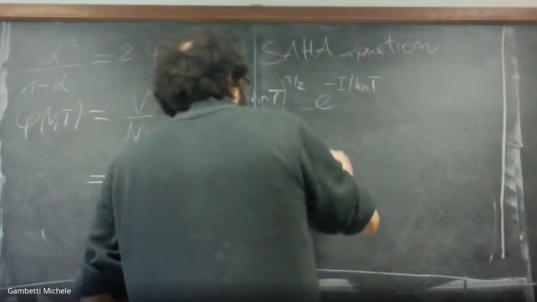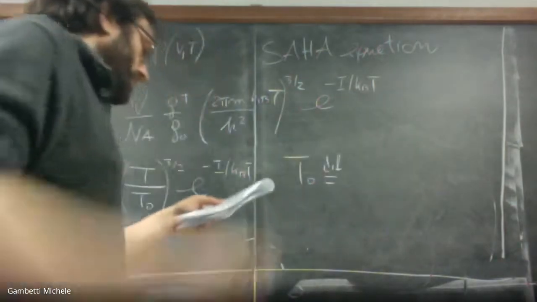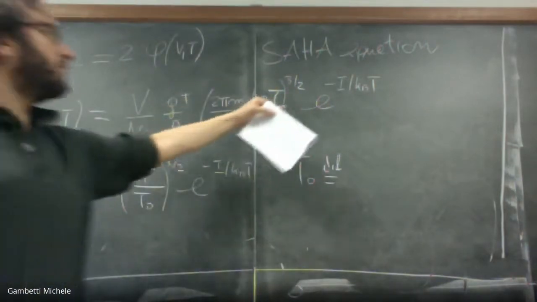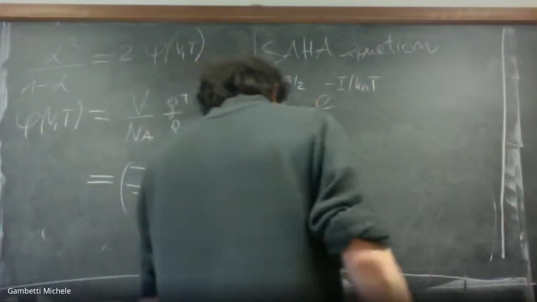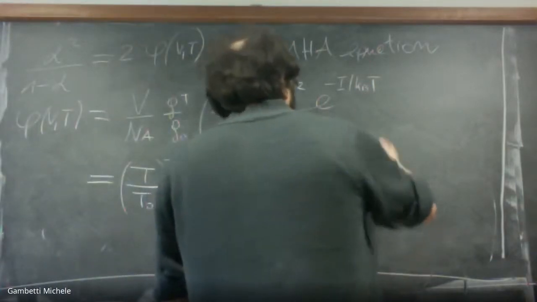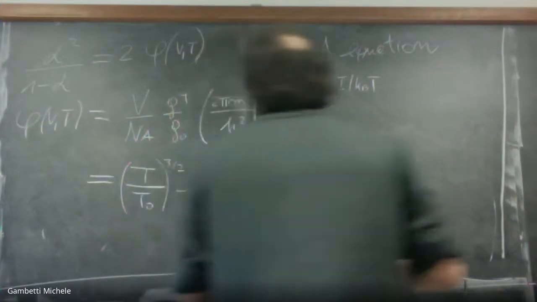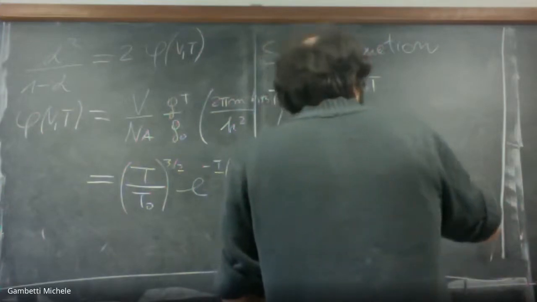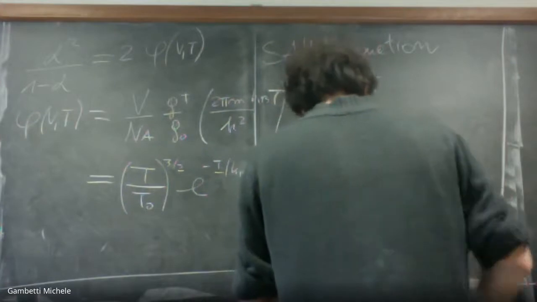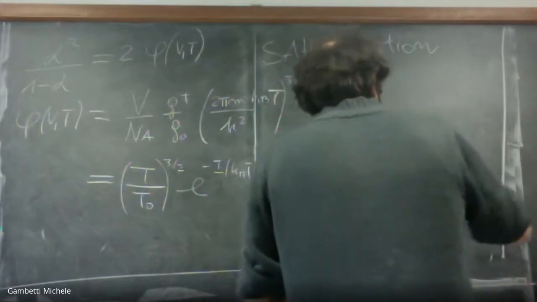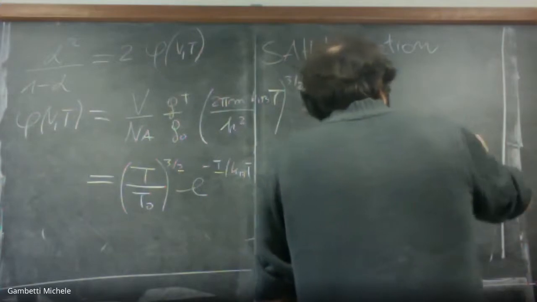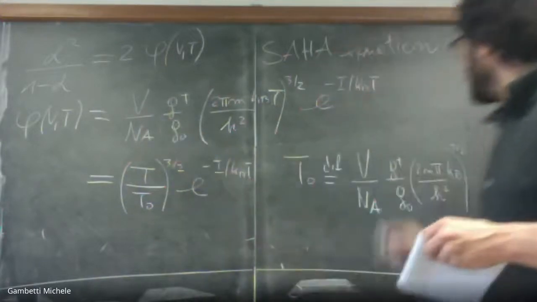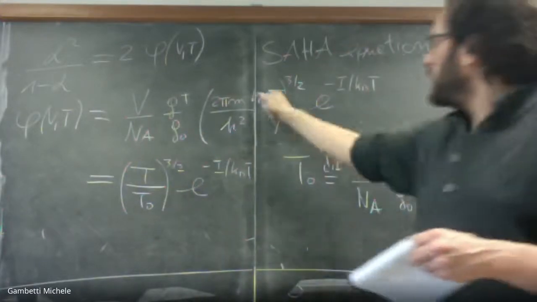where I have defined T0 in the following way. T0, by definition, is, well, I have to put everything which is in this formula but for T. So then T0 will be V divided by NA, g plus over g0, 2 m pi kB divided by h squared, to the power of 3/2. So everything which is there, g plus over g0, 2 pi m kB, h squared.